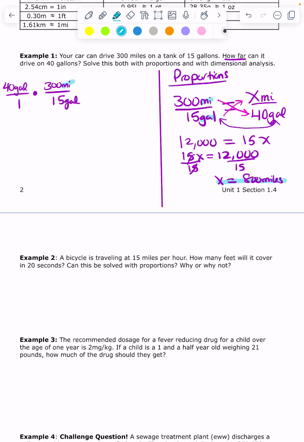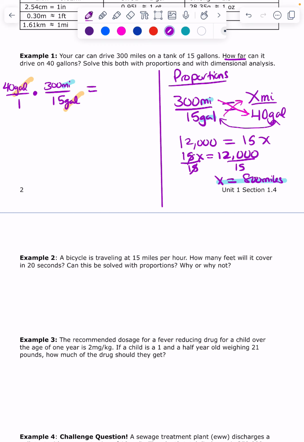And this way I can cross out the gallons, because if there's the same unit on the top anywhere in the setup as there is on the bottom, those units can be crossed out or divided out. In other words, since 5 divided by 5 is just 1, gallons divided by gallons is also just 1, so they go away.